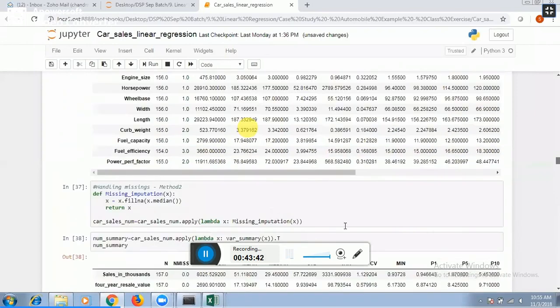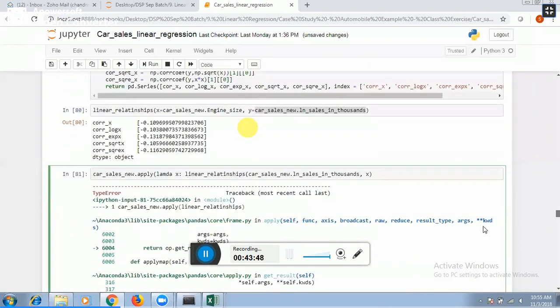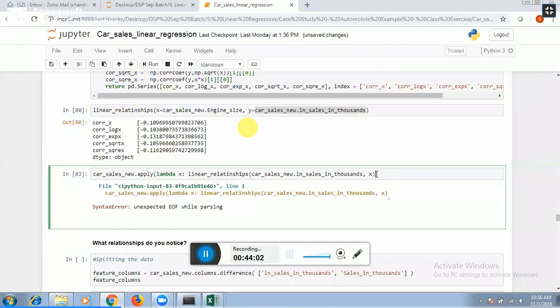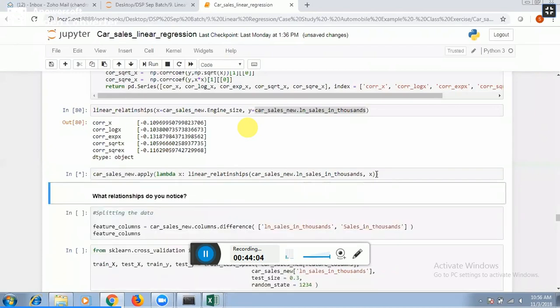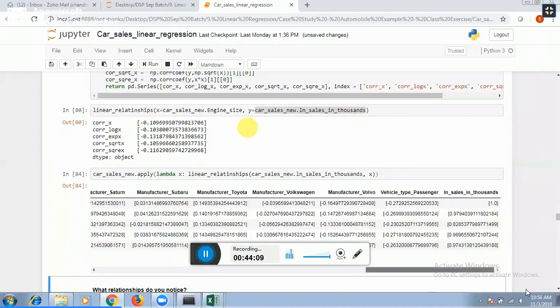Lambda of x. So now you can see that, variable-wise, this is the correlation coefficient.